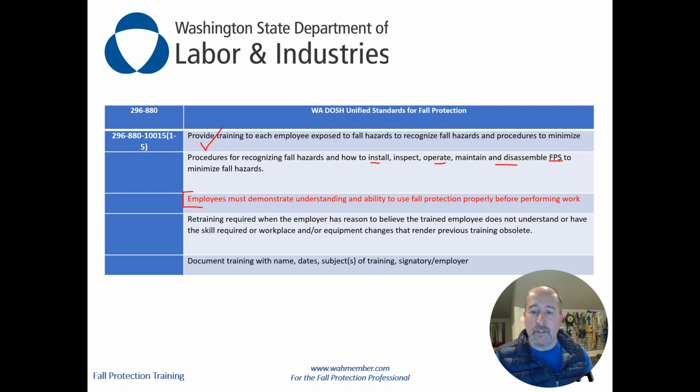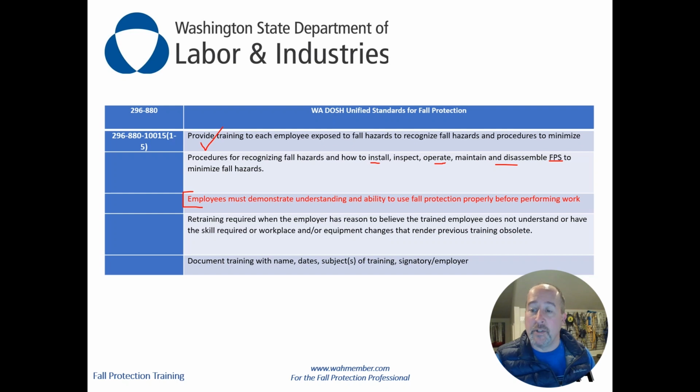You can kind of see the trend and what Washington State is trying to accomplish is training that doesn't have somebody demonstrating the understanding and ability. You don't know if you were successful with that training event or not. Okay, so it's another plug for exercises. At least in Washington State, part of the training is the student must demonstrate understanding.